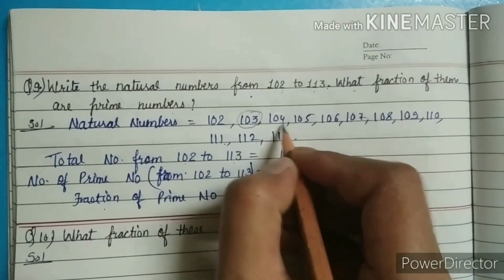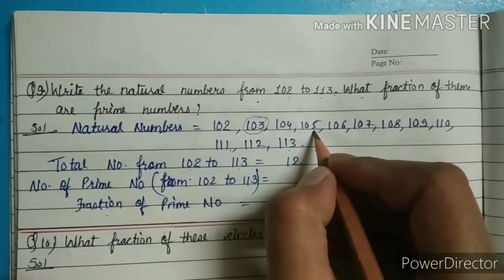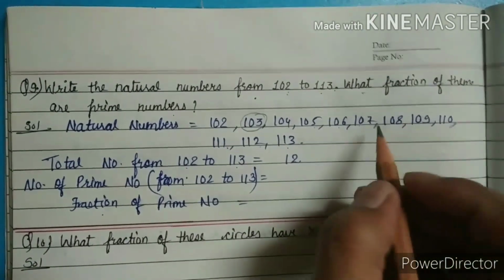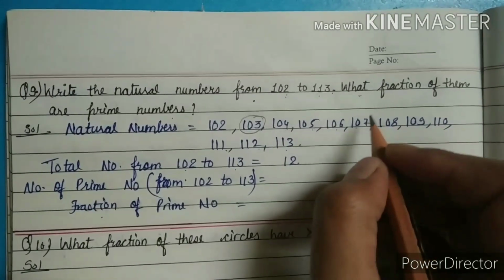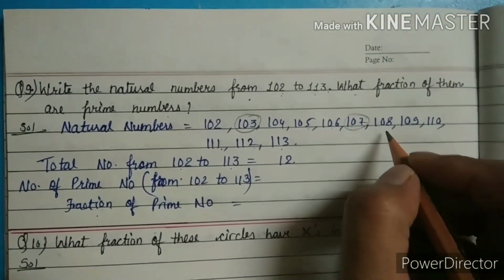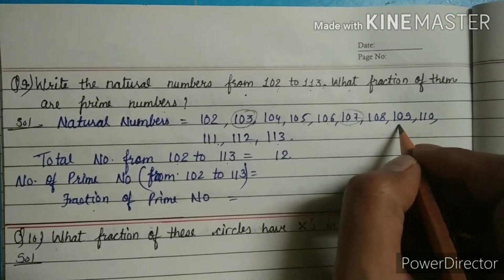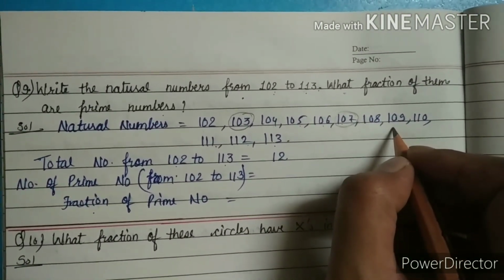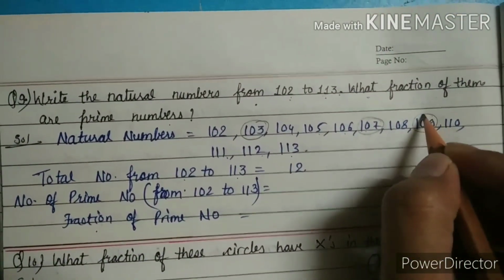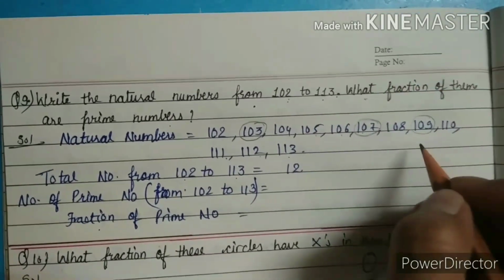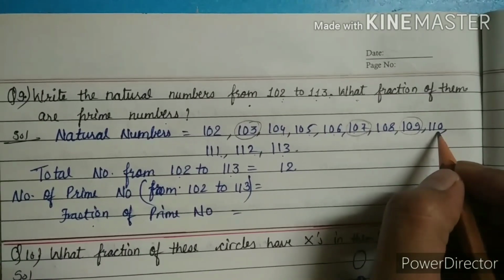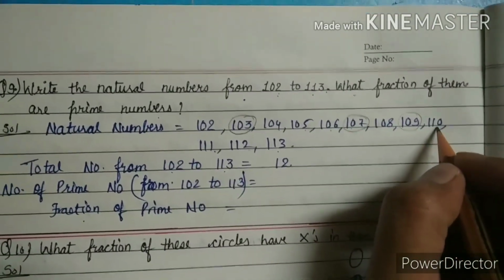Now 104 is even, 105 will divide by the table of 5. 106 is also divided by 2. 107 is not dividing by any number, so this is a prime number. 108 will divide by 2. 109 will not divide by any table because it is a prime number. Okay, don't get confused, you can check, it will not divide by any number. Now 110, directly 0 is here, so we can say it is divided by 2, 5, 10.